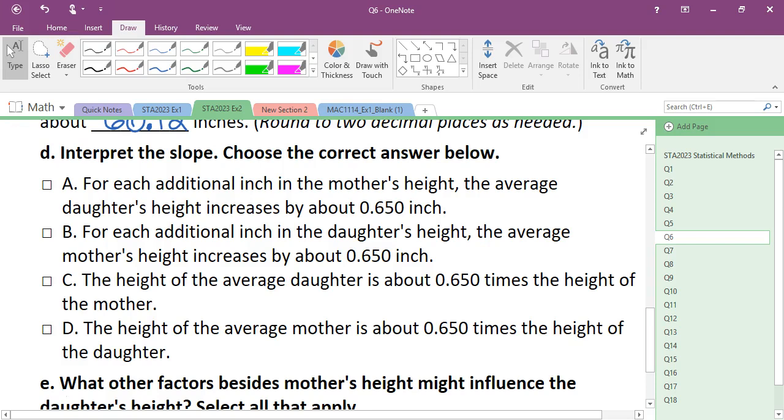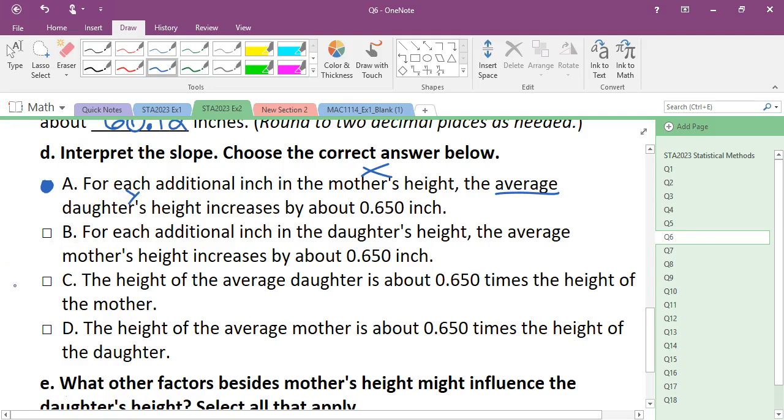The average daughter's height increases by 0.650 inch. So is 0.650 our slope? And is that talking about our y value? So that's our answer. Has to be A. Because this is talking about for every 1 unit of our x, we get the average y value.